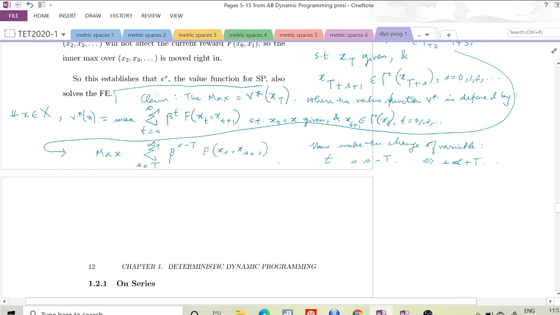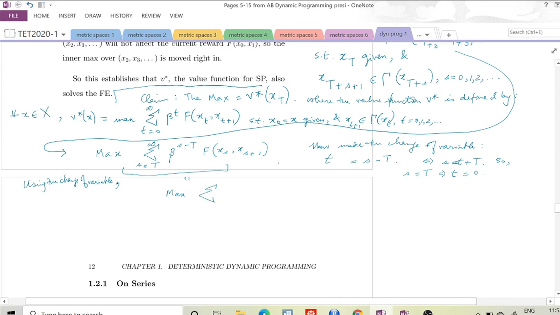And it will also mean that s equal to capital T implies small t is equal to 0, right? So using this change of variable, this is max.